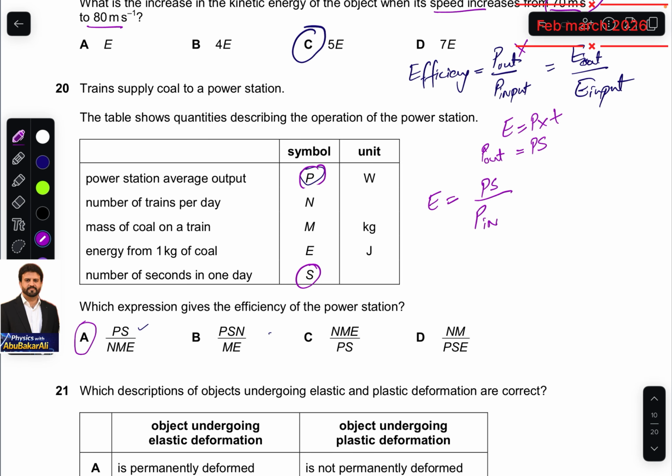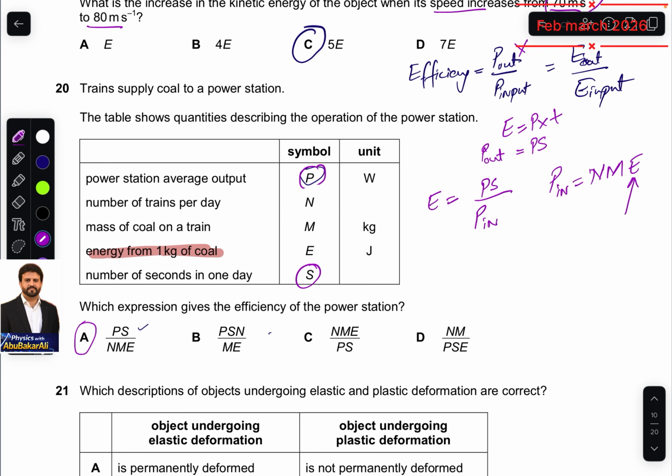How we have Pn, just for your understanding, is equal to nme. Why? Because this e is representing the energy of 1 kg.